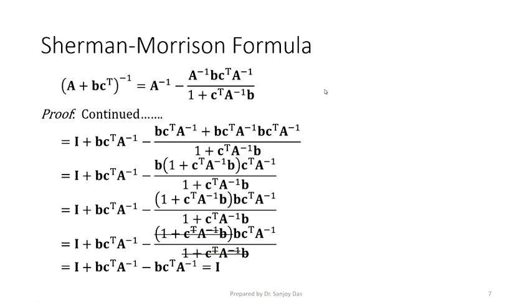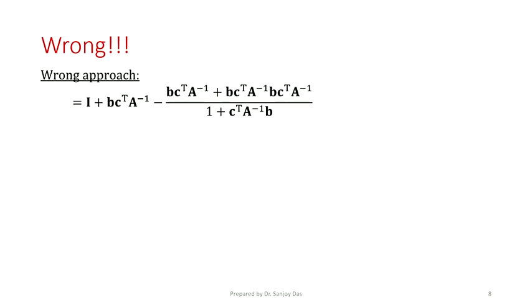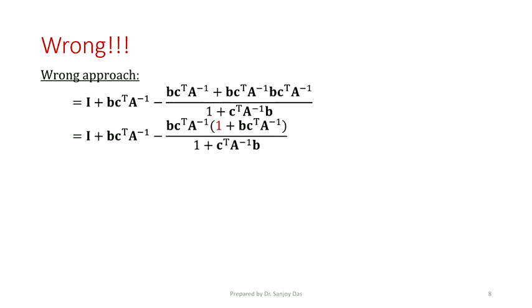Now, common mistakes. This is a wrong approach. So suppose we arrived at this stage, that's fine, and then we try to simplify it this way. We see that, oh, we have BC transpose A inverse on both sides, here and here. So we take BC transpose A inverse, and then we have 1 plus BC transpose A inverse. This is absolutely wrong. Why? For one thing, 1 is a scalar.